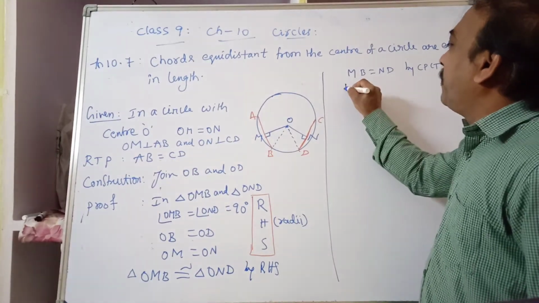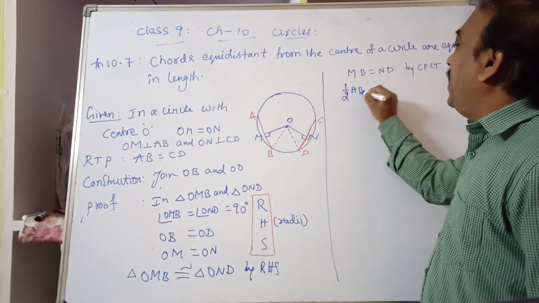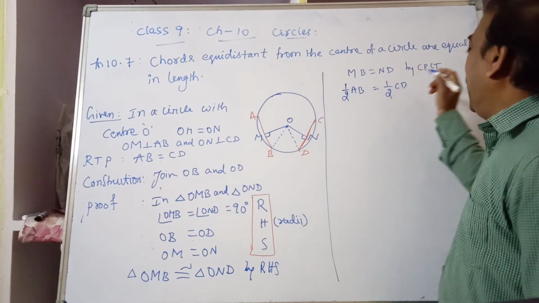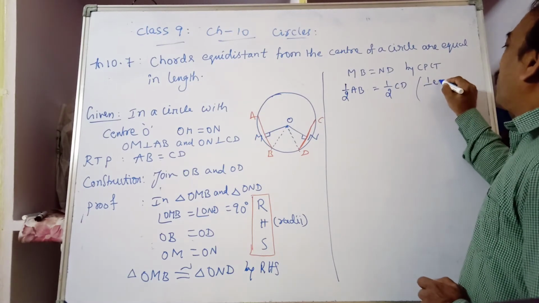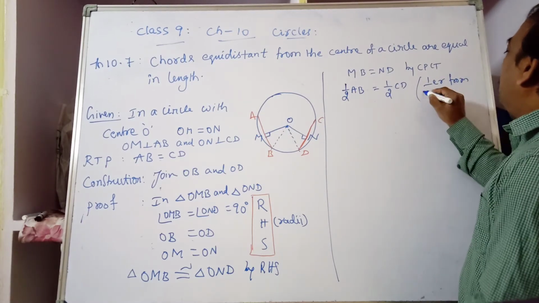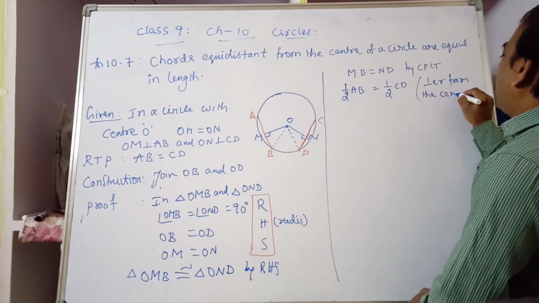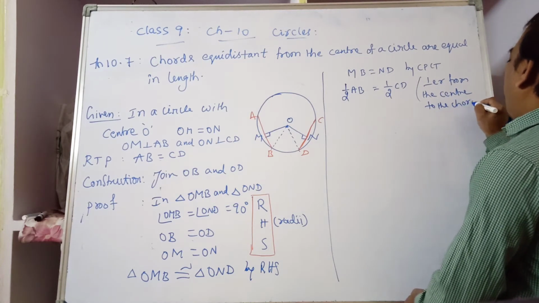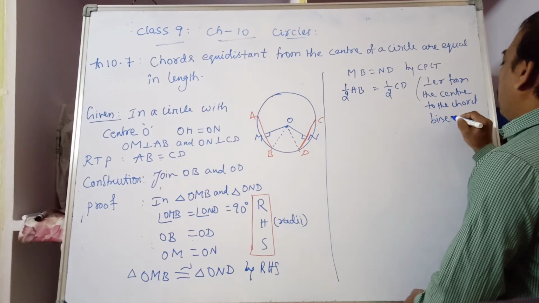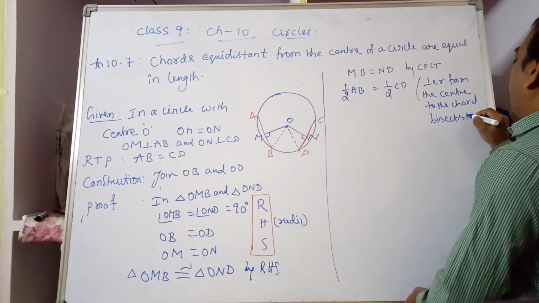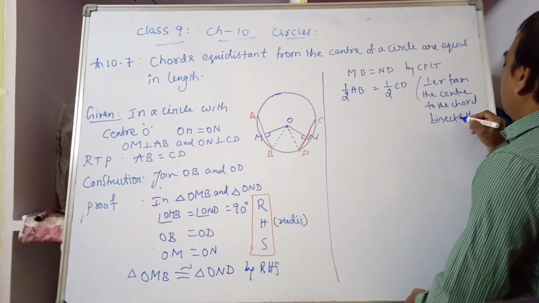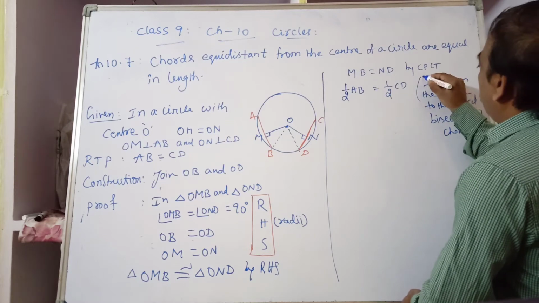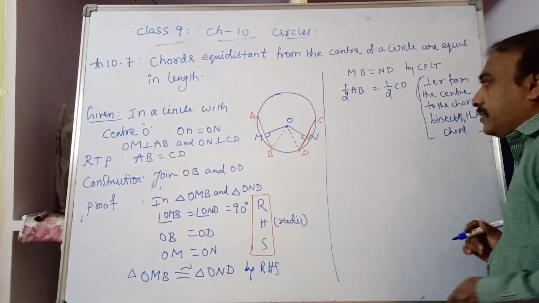MB is half of AB, which is equal to half of CD, since ND is half of CD.